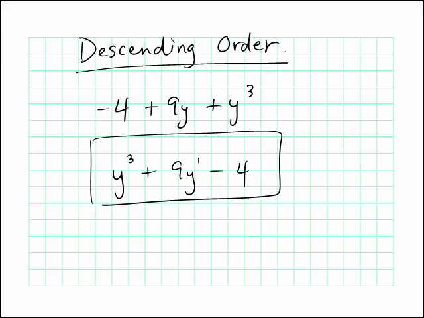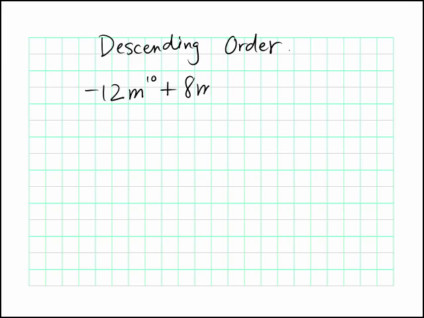Here's another one. Descending order. Negative 12 m to the 10th plus 8 m to the 9th plus 10 m to the 12th.